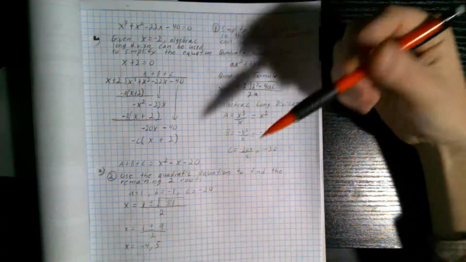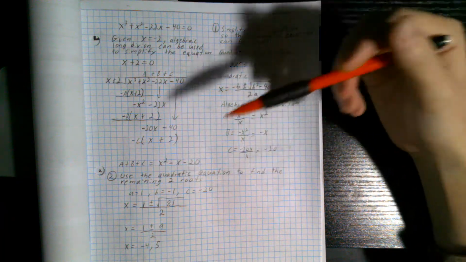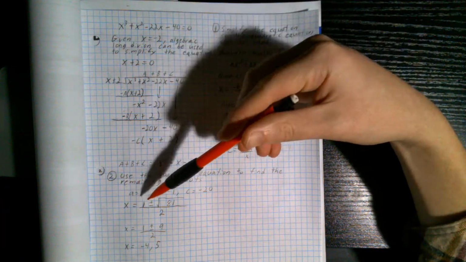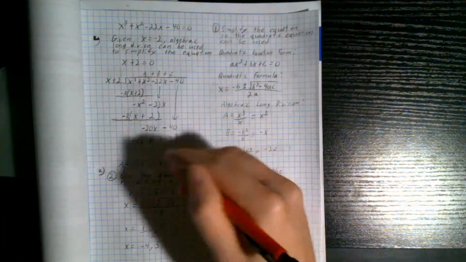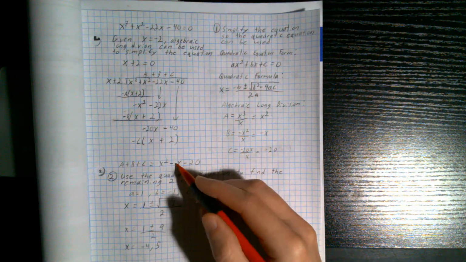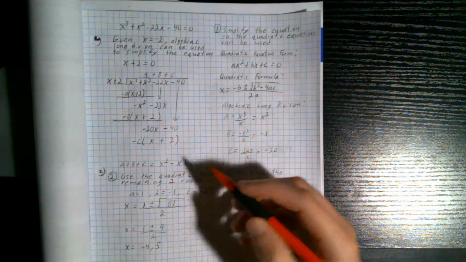Now the second step would be to use the quadratic equation to find the remaining two roots. So for the quadratic formula, your a value is 1. That would be right here. B equals negative 1. And c equals negative 20.